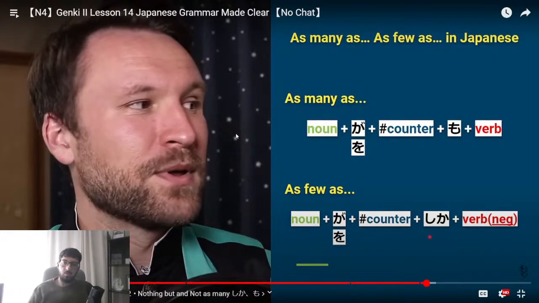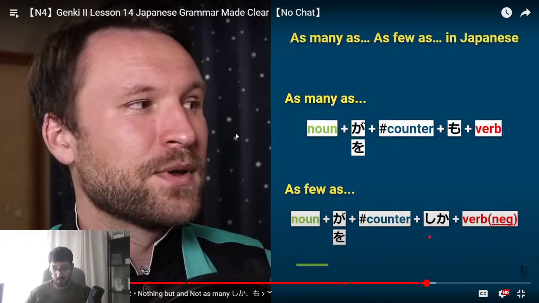Shika, I don't remember mo and shika. Wait, as many as, okay, as many as, okay, which is noun plus ga or o, plus counter, plus mo, plus verb.